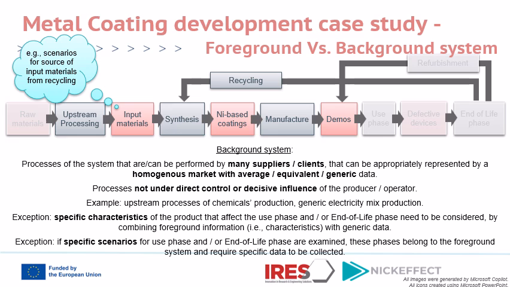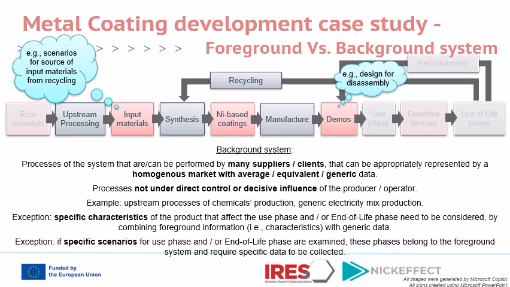Another exception to this rule about what belongs to the background system is whether there are specific scenarios that relate to the use phase and the end of life phase. Then these phases need to be considered within the foreground system and get specific data.